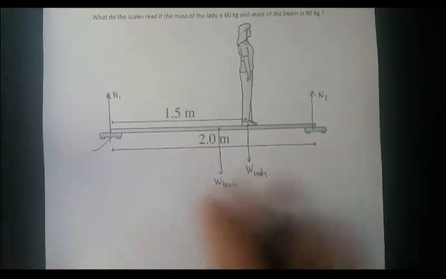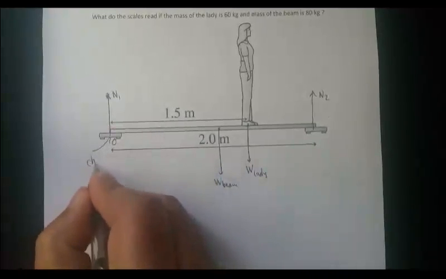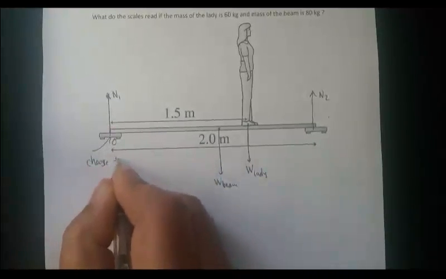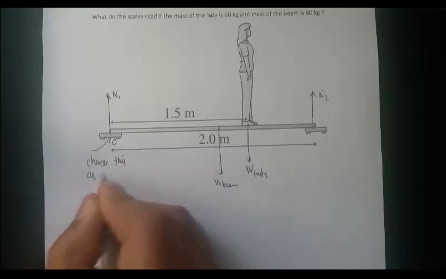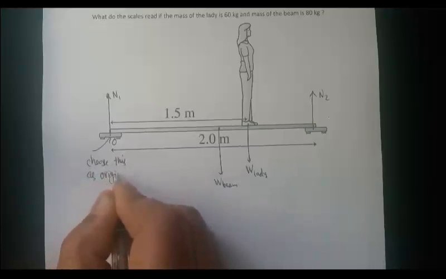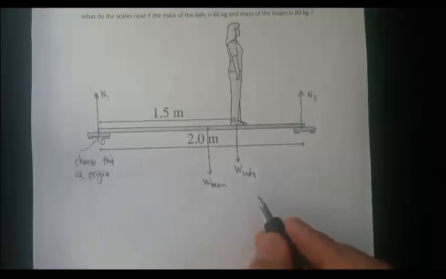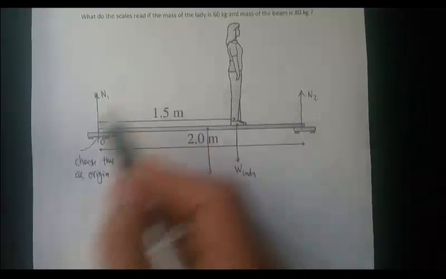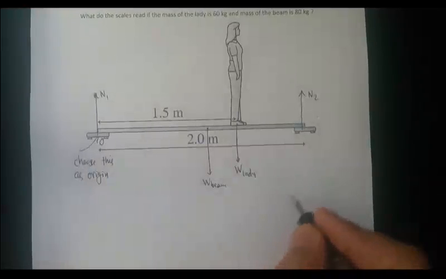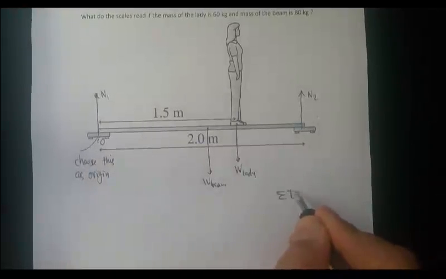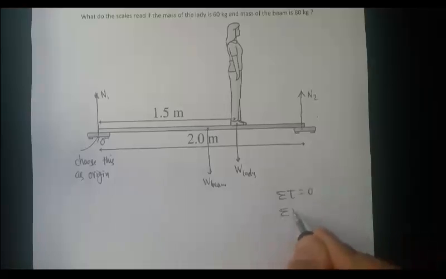Let's choose this as my origin. And then after that you just apply the static equilibrium conditions. Remember, everything is in static equilibrium, so the net torque has to be 0 and the net force has to be 0.